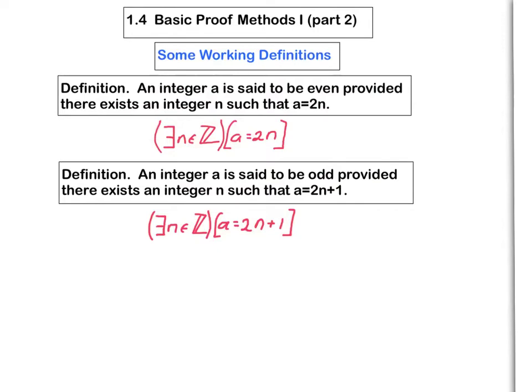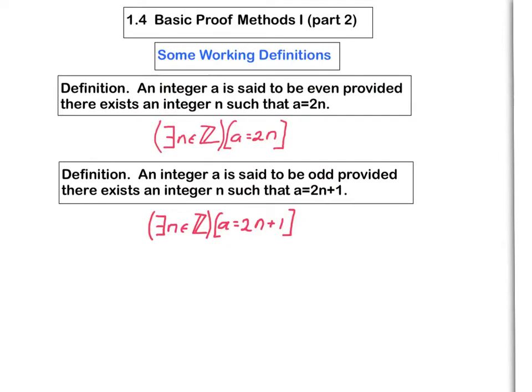For example, if we have some integer b and we happen to know that it's even, then according to this definition we could say there exists an integer, say m, such that b is equal to 2 times m. Okay, we don't have to use these particular letter names. For example, suppose we have some integer a that we've written as 2 times n, but now we have some other integer b, and we happen to know that it's odd.